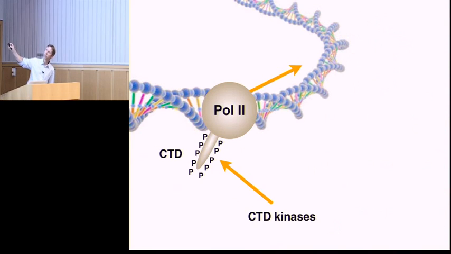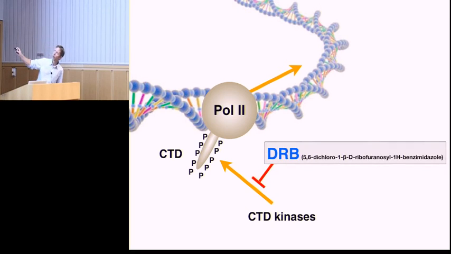Often it's arrested in a promoter-proximal place, and then it waits for kinases to phosphorylate the C-terminal domain, and that allows it to get into elongation mode. There's a drug called DRB that inhibits this class of kinases. So now you can efficiently block the polymerase at the promoter, and it can't elongate.